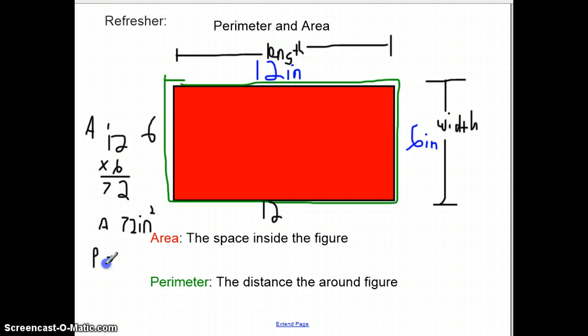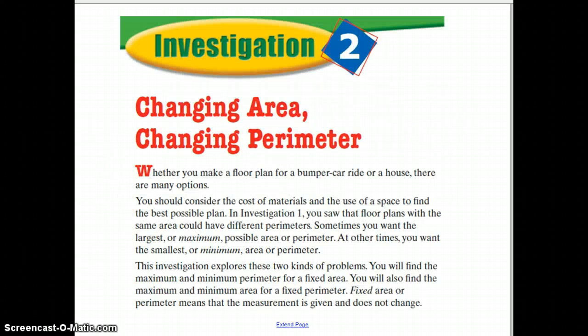Perimeter is going to be equal to 36. And you add everything up. Just to make sure, this is just a refresher, so you can remember what to do. It is important before we move into Investigation 2.